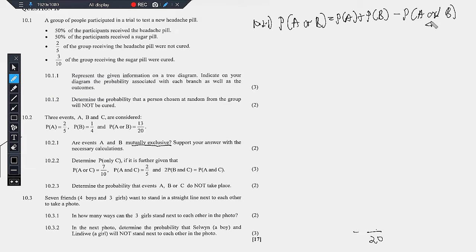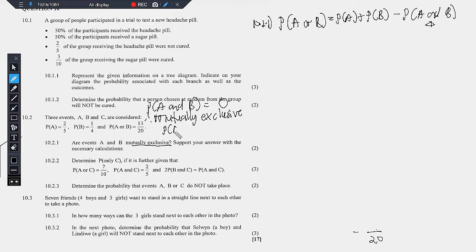The determining factor is the A and B. If we calculate the probability of A and B, the intersection, and we find that it is 0, then we say that our events are mutually exclusive. That means there is no intersection between the two events.